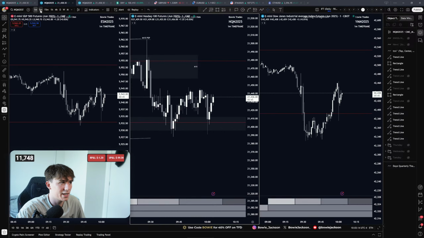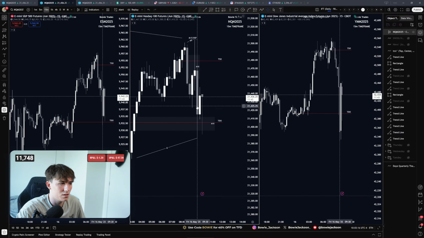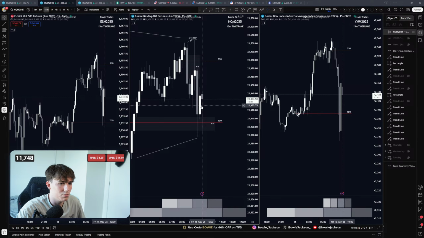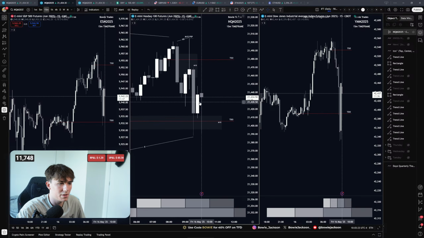Yeah, these 50-minute candles, they do not look good at all. They're closing really bullish. But we do have like 11 minutes left on this 50-minute.